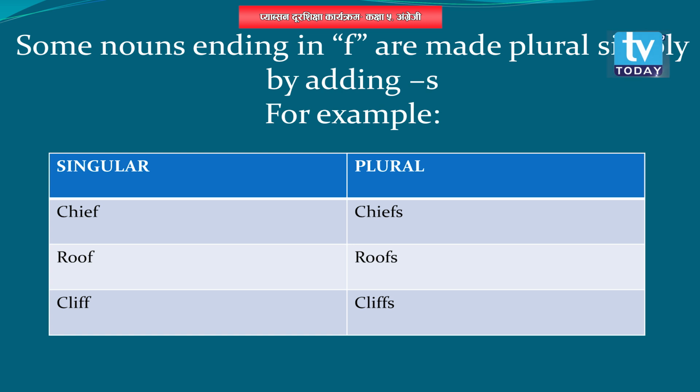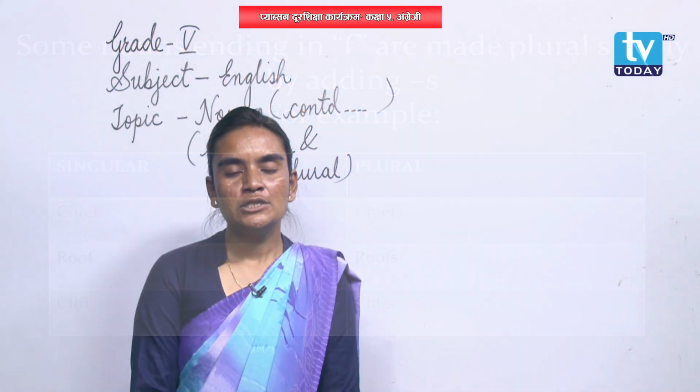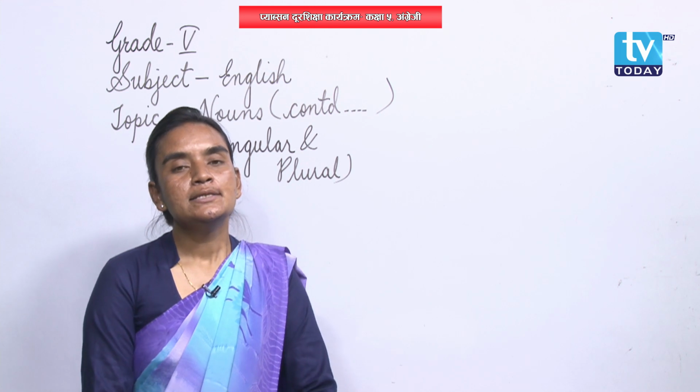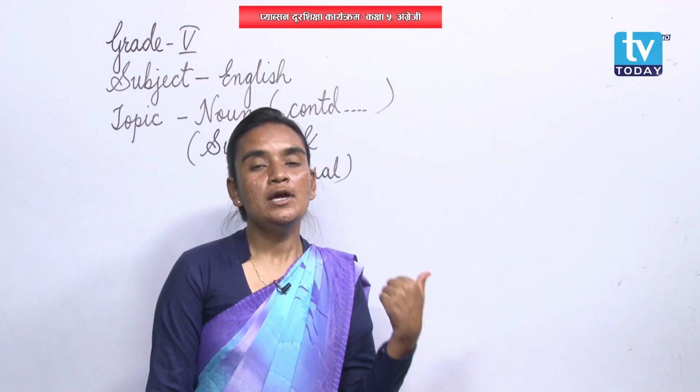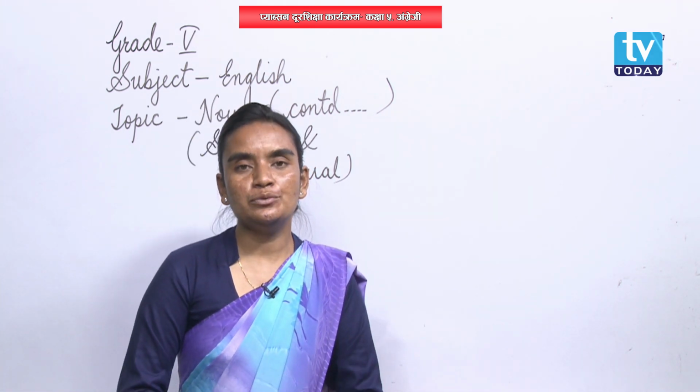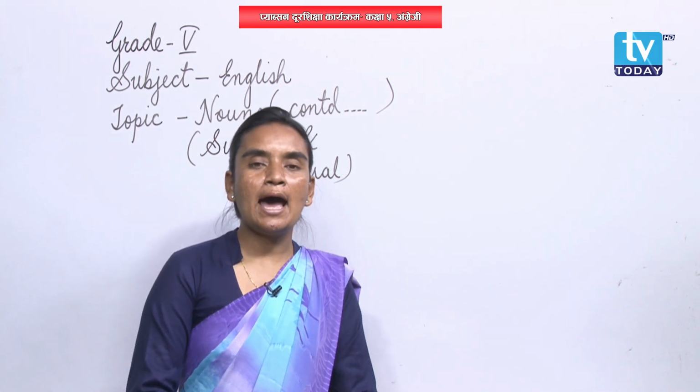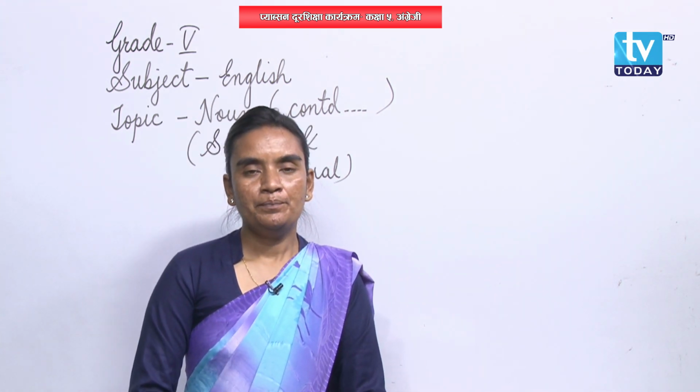If you want to know the example, then SCARF, scarf, and simply it can be made plural by SCARFS, scarfs. So dear children, these are some of the rules to be followed while changing singular nouns to plural nouns.